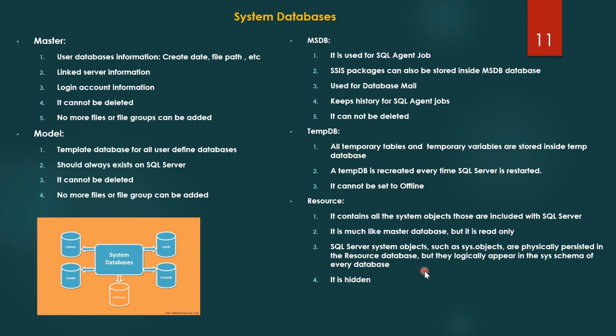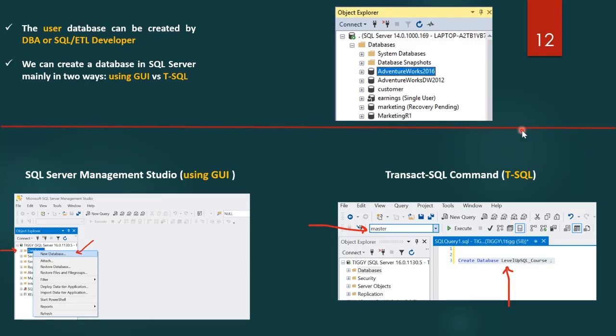SQL Server system objects such as sys.objects are physically persisted in the resource database, but they logically appear in the sys schema of every database. Okay, but they logically appear in the sys schema of every database. So it is hidden. Do some detailed reading and try to understand.